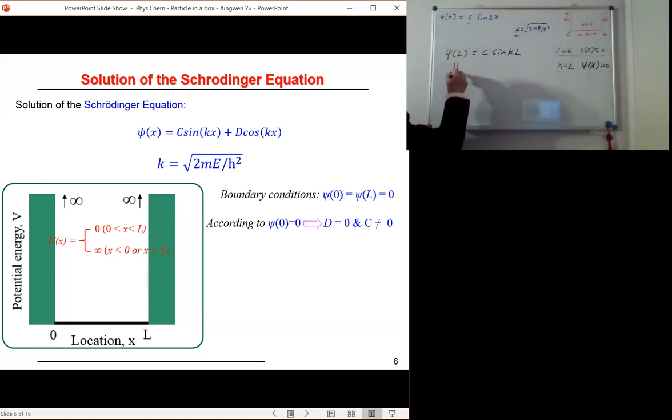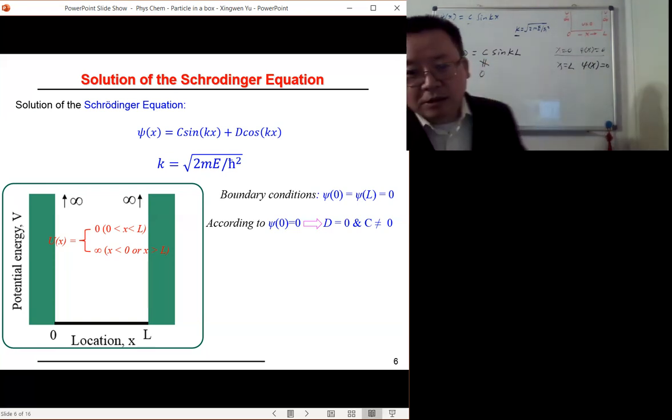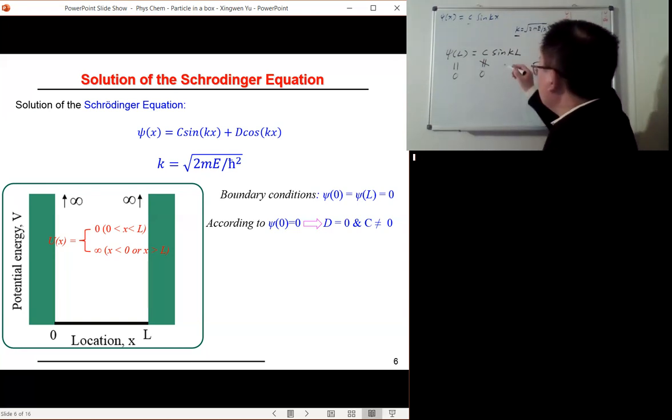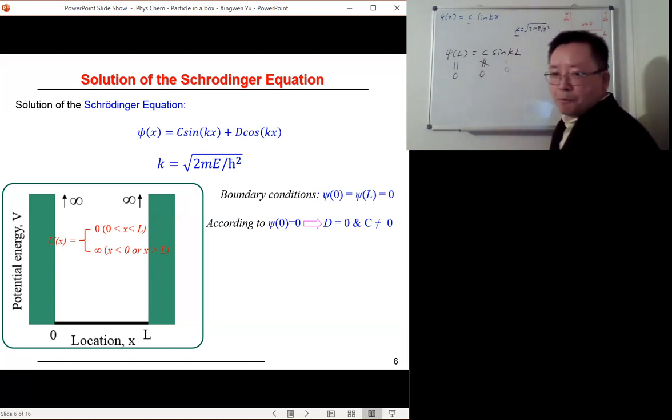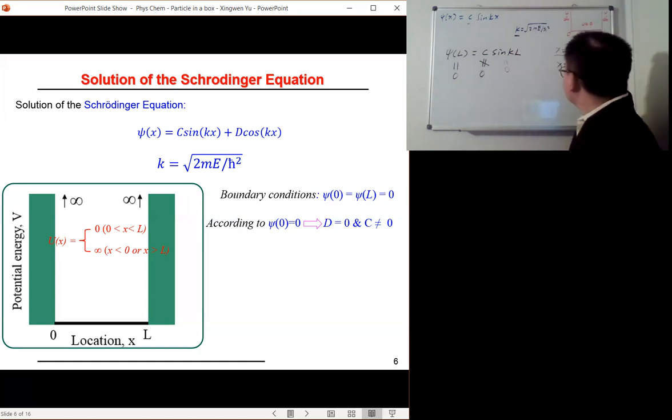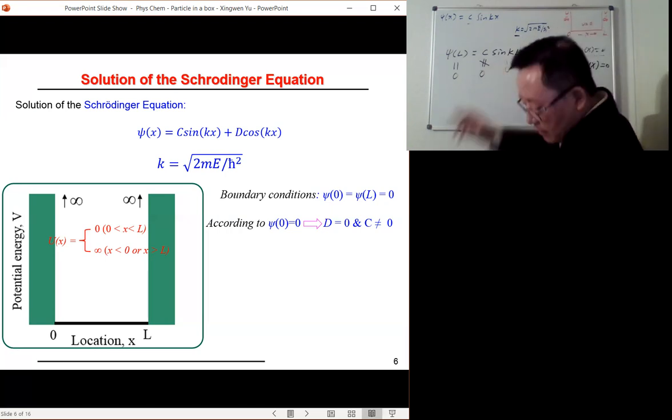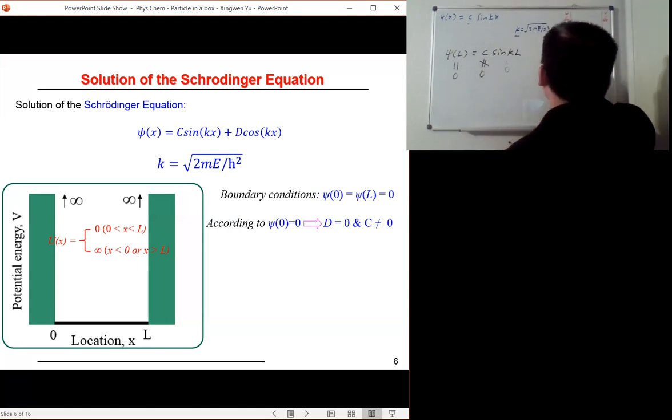Psi L is 0. And just now we know C must not be 0. That means sine KL must be 0.